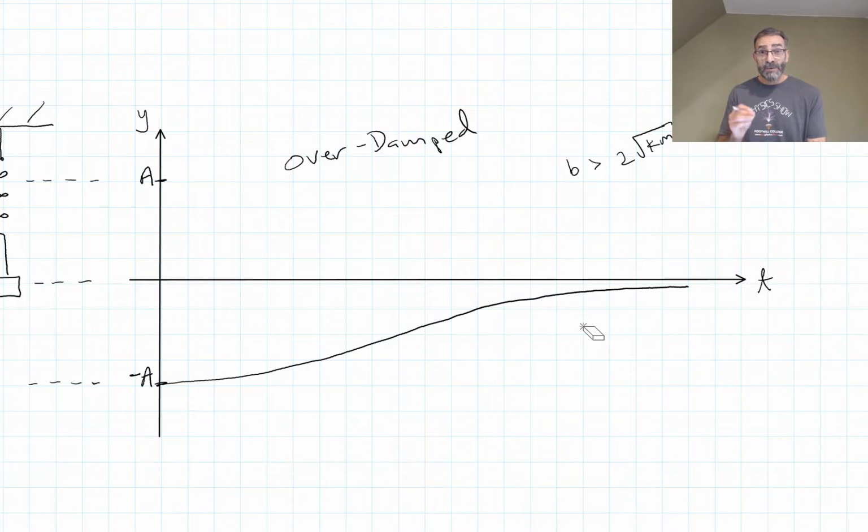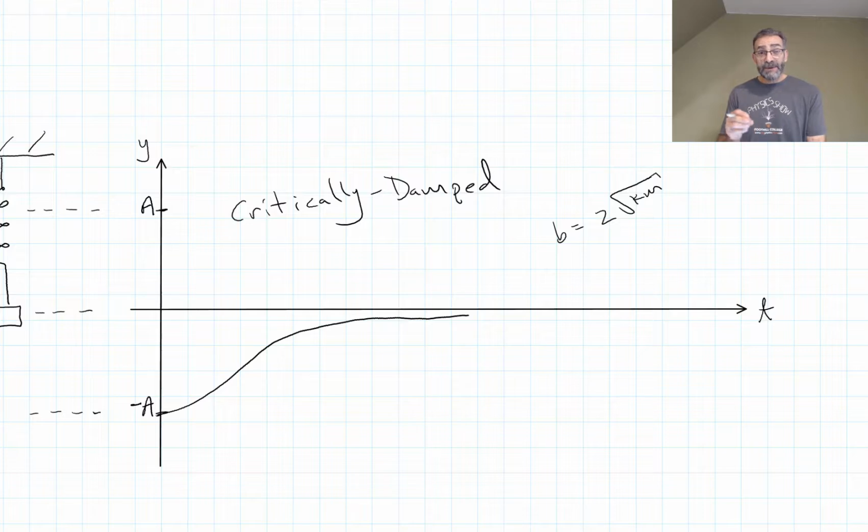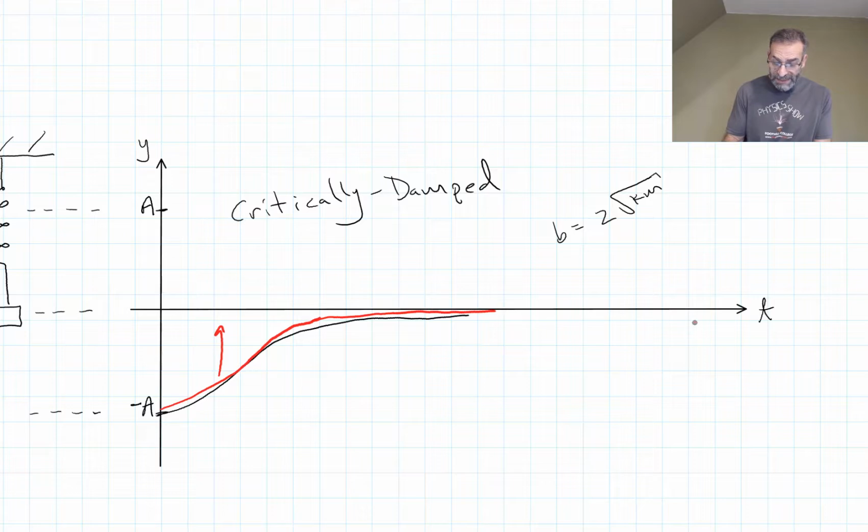We need critically damped. For the condition to be met for critical damping, the door is displaced, we let go, the spring starts to pull it back towards the equilibrium position, and it quickly slows down and approaches equilibrium in the fastest way possible without crossing the x-axis, without crossing the horizontal axis.